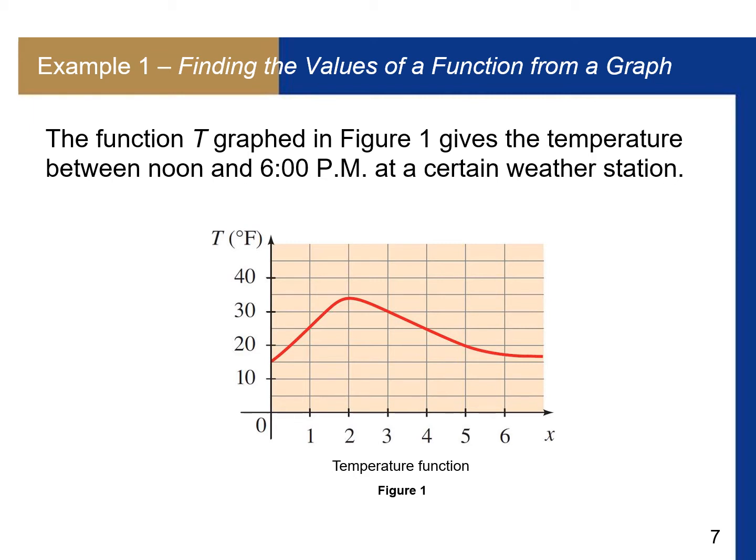Here we have a function T graphed in figure 1 that gives the temperature between noon and 6 o'clock at a certain weather station. You will see in this graph, I want to point out here that you can see where my low values are in this area of the temperature function, and here are the Fahrenheit values.